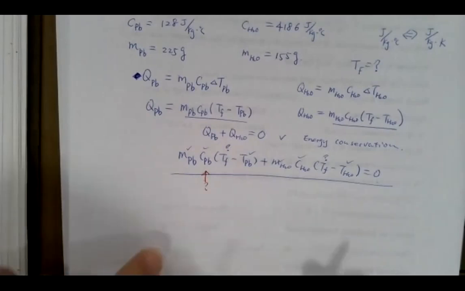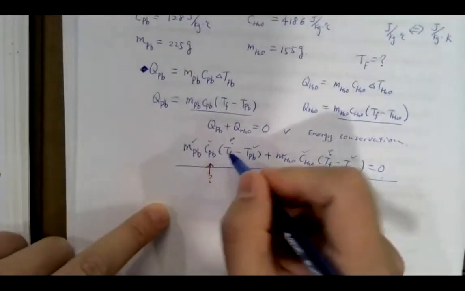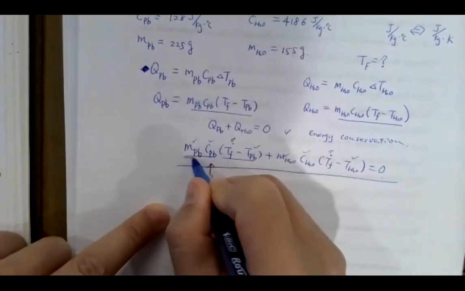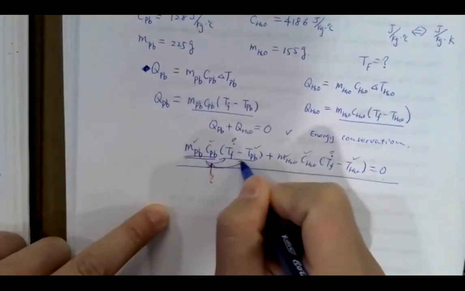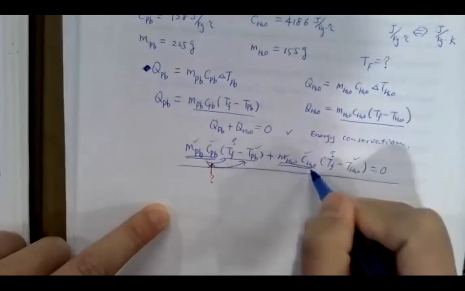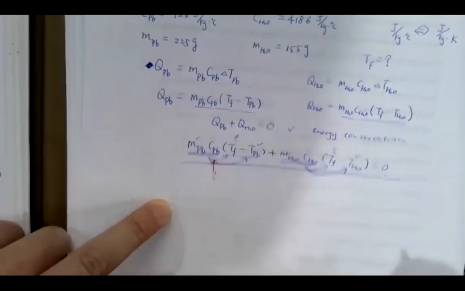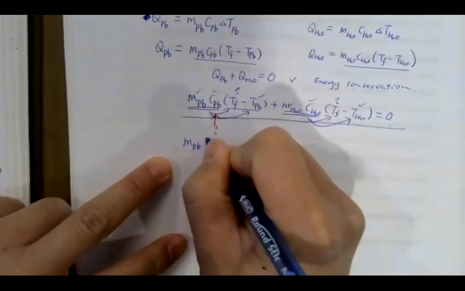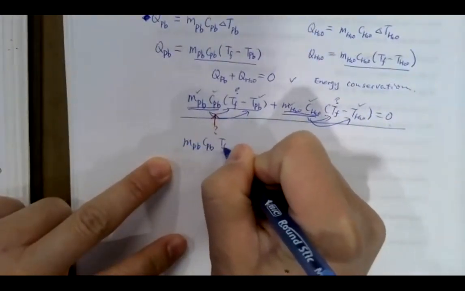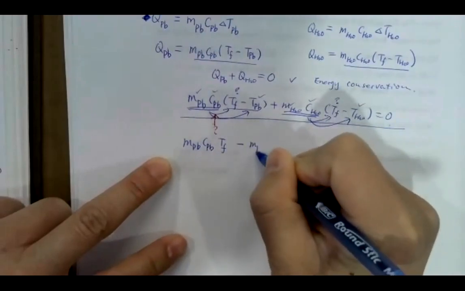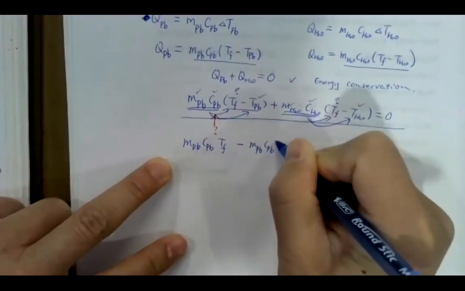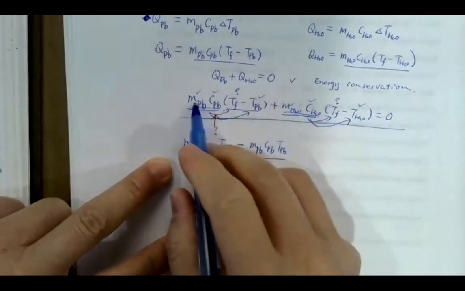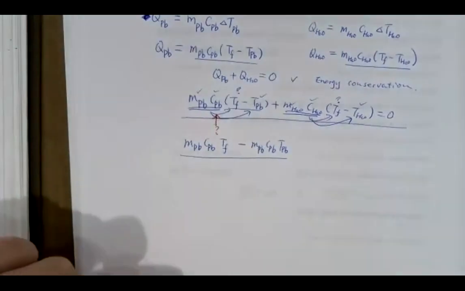So you are going to expand the parentheses here, distributing this into the parenthesis, and also this into the parenthesis there. You will end up with M_PB C_PB times T_F minus M_PB C_PB times T_PB. That's distributing the two quantities into the parenthesis.